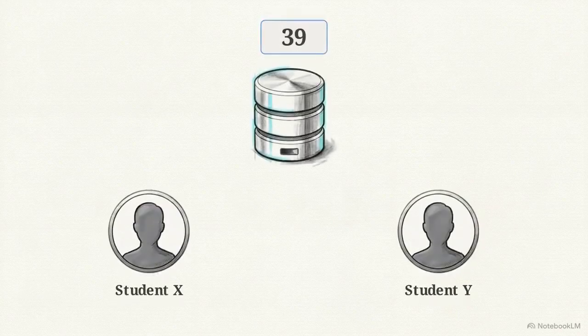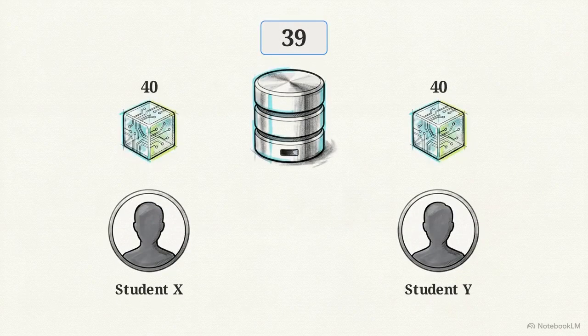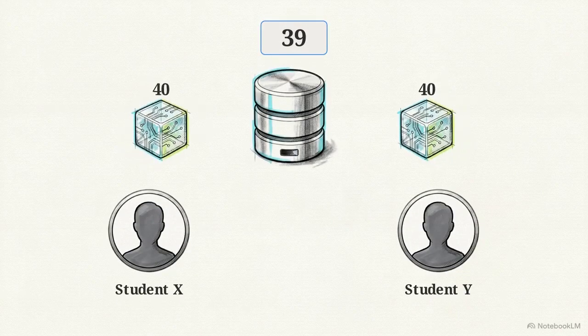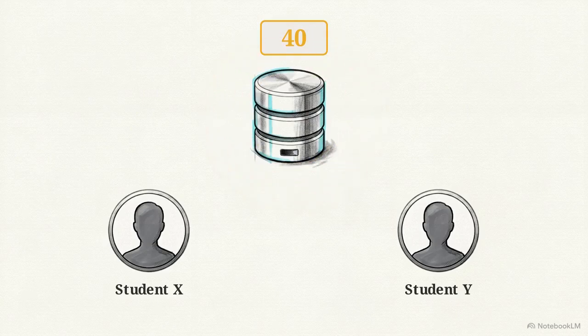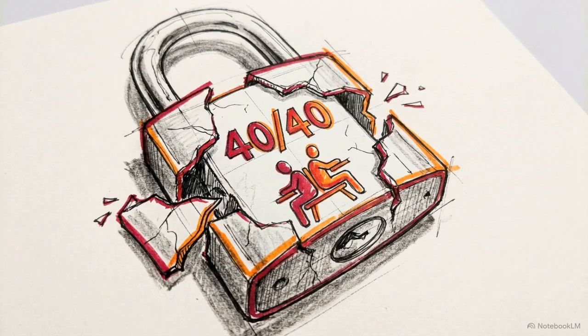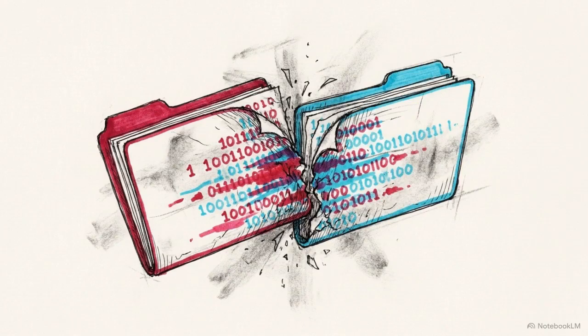Both programs locally add 1 to the value they read, and both write back the number 40 to the database. Two students successfully registered, but the count only increased by 1 instead of reaching 41. Because the count registered as 40, both students bypass the enrollment limit. This concurrent write error directly violates the database's internal integrity constraints. Executing concurrent writes without a specialized overarching system supervisor will corrupt the state of an application.